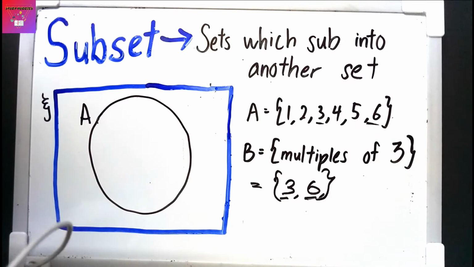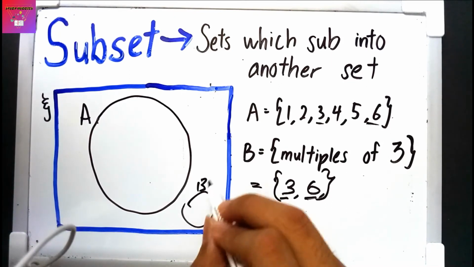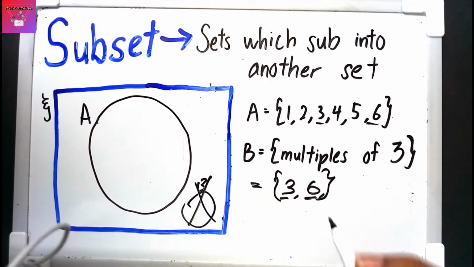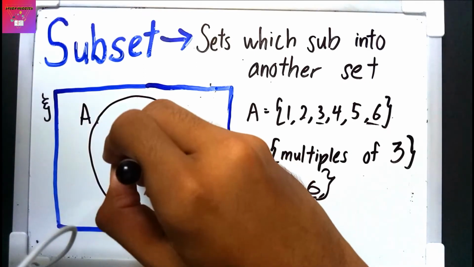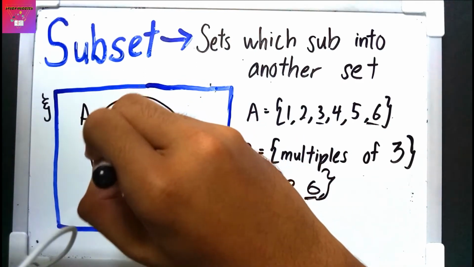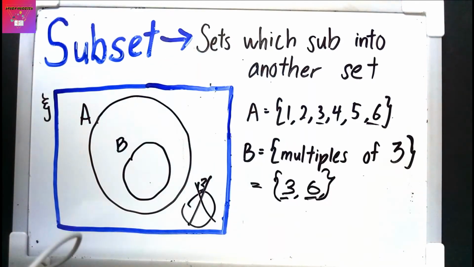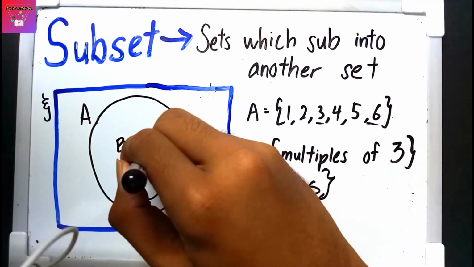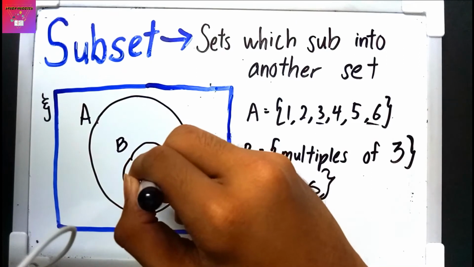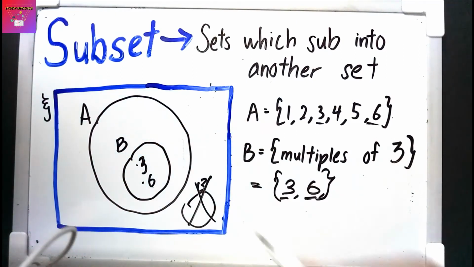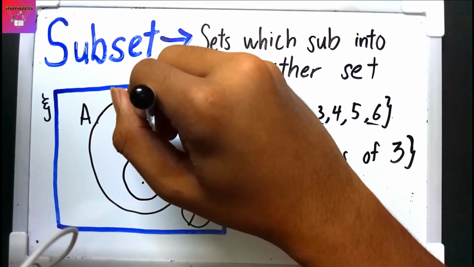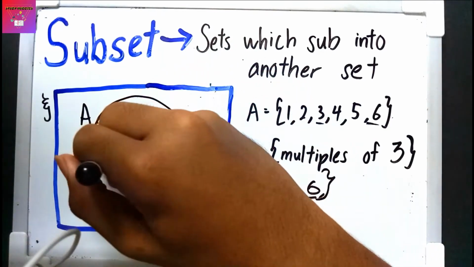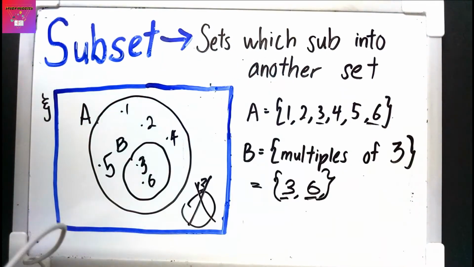So there's no point drawing another separate set here, which is wrong. What we can do is draw set B inside of set A. We label set B, which has elements 3 and 6, and in set A we have elements 1, 2, 4, and 5.